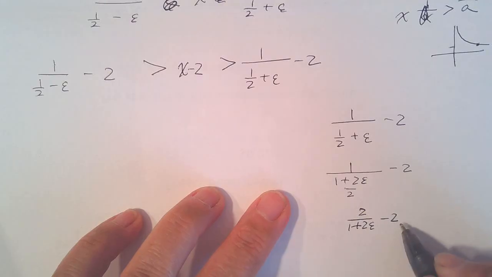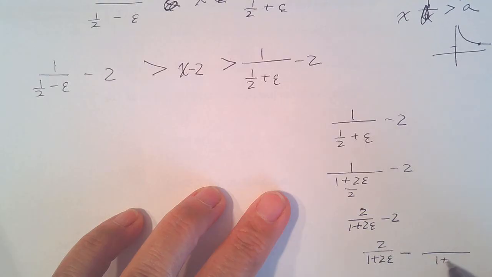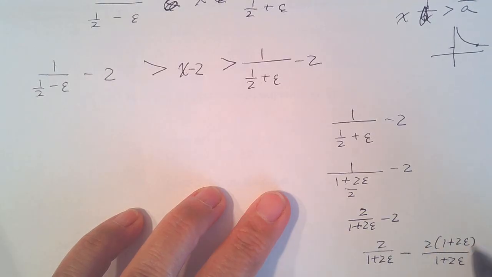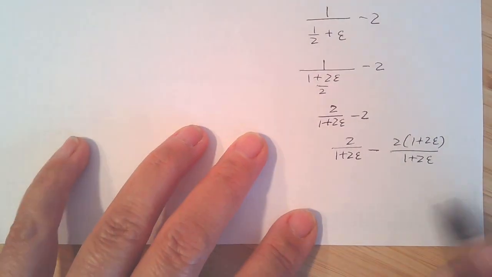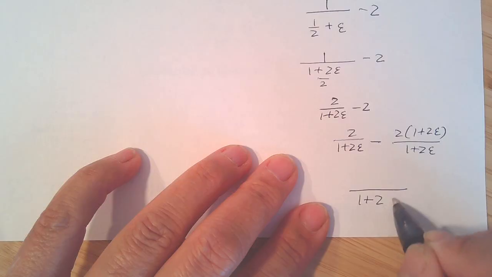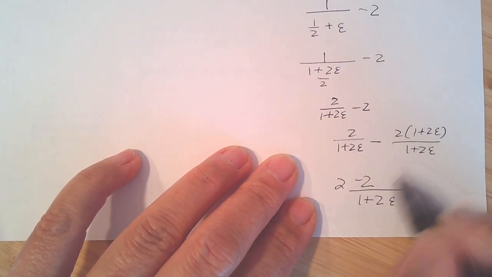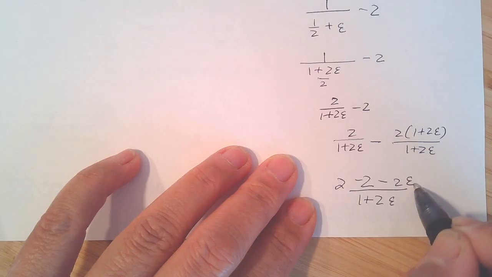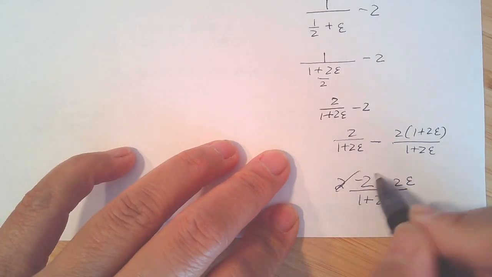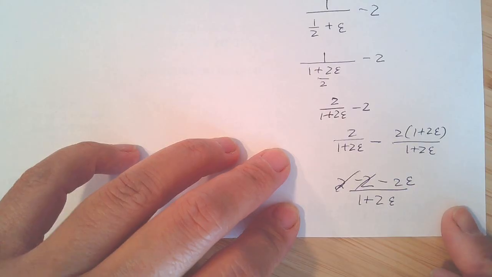And the numerator is 2 times 1 plus 2 epsilon, and the denominator is 1 plus 2 epsilon. Out of space. And the numerator becomes 2 minus 2 minus 2 epsilon, and this 2 and 2 cancel out, so I get a negative 2 epsilon.